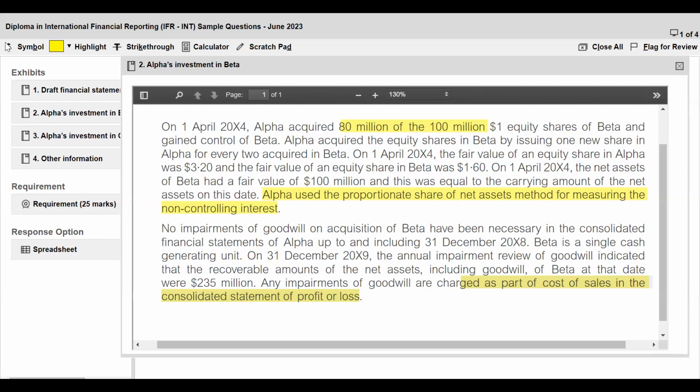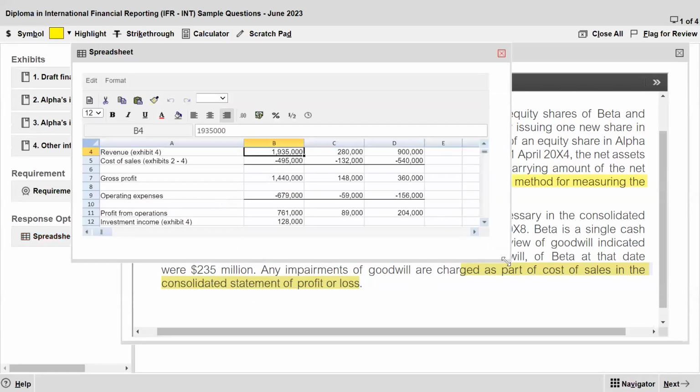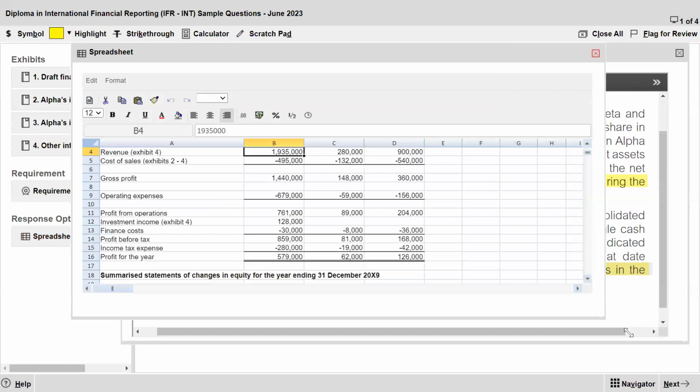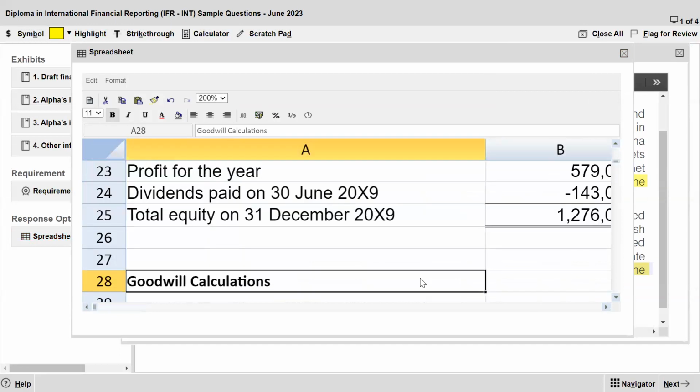The examiner has already given you a pre-populated spreadsheet. All that you have to do is the goodwill calculations in the spreadsheet. Once you do that, you would have an idea of what's going on.